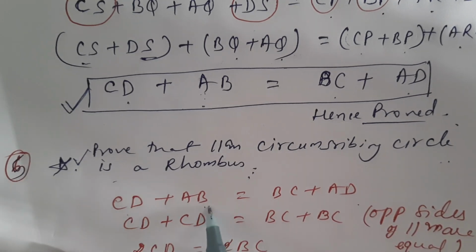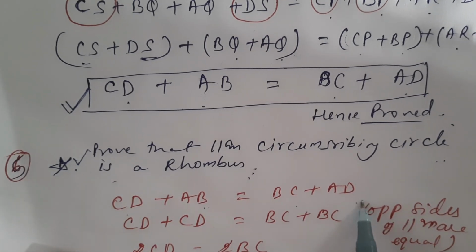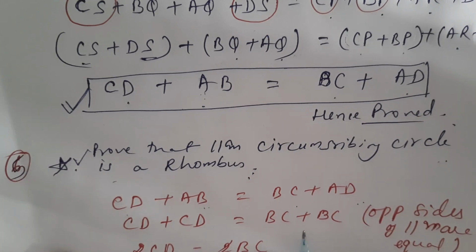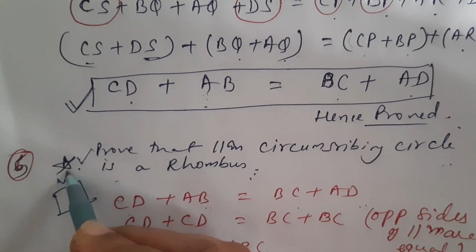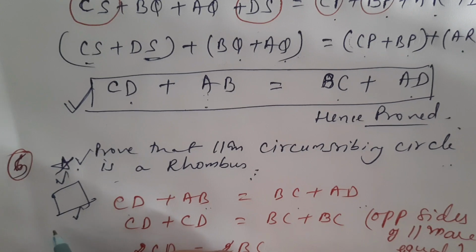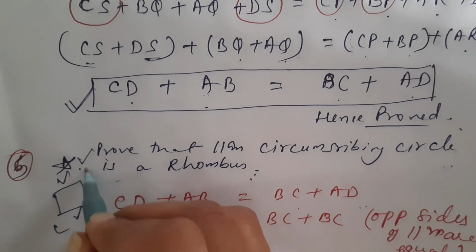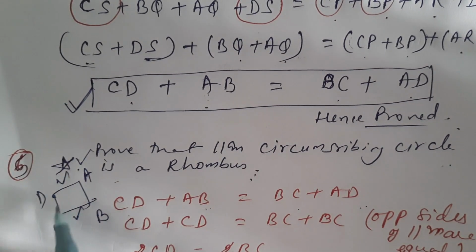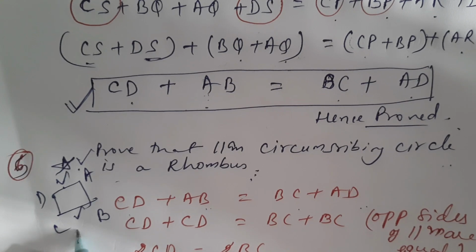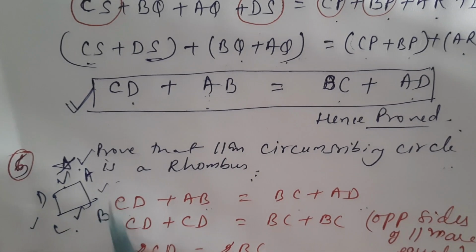Now CD plus AB is equal to BC plus AD. As we know that in a parallelogram opposite sides are equal, here as the labels were A, B, C, D, AD and BC opposite sides will be equal. In the same way CD and AB will be equal.